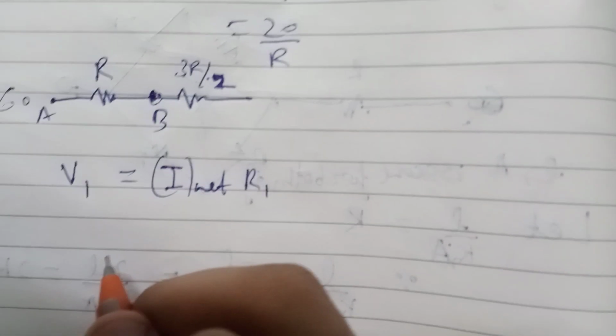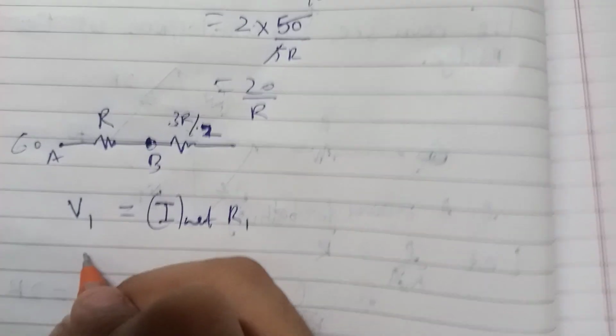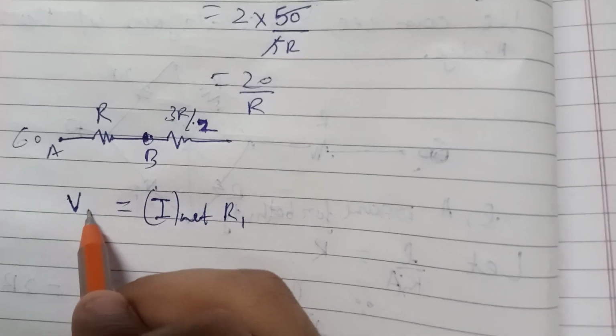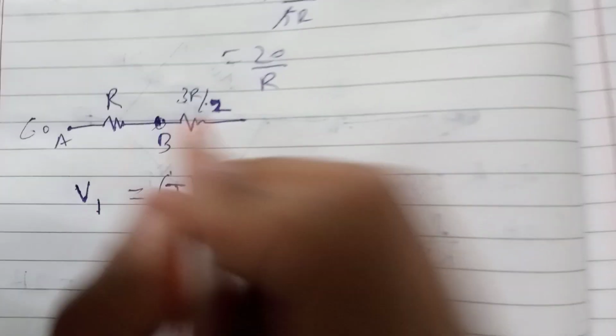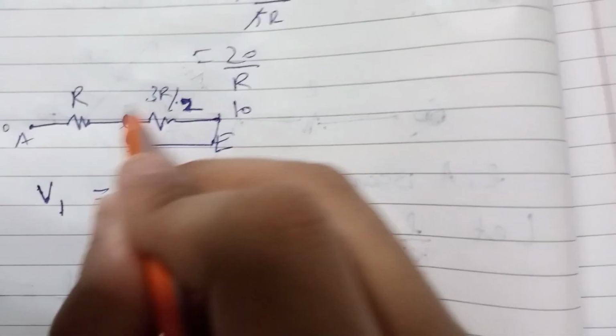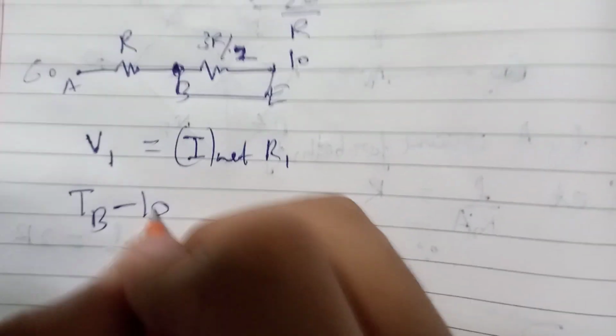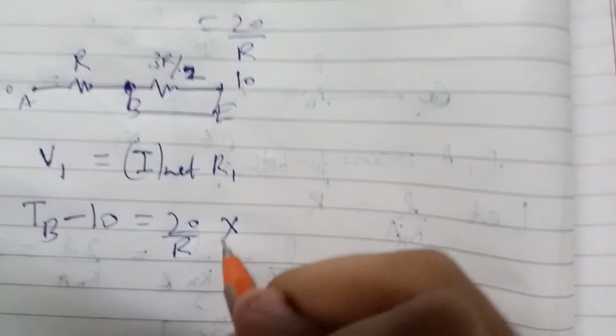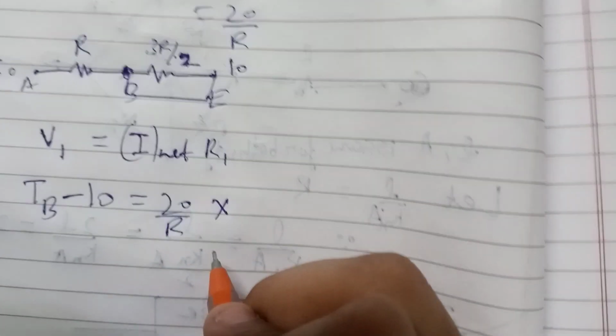So what we simply have to do is, we know that V1, since it's between point B and point E, will be B minus 10. Since B will be greater than 10, we'll write TB. Now mind you, TB is the temperature we have to find. TB minus 10 equals I net, which we've just found to be 20 by R, into R1.